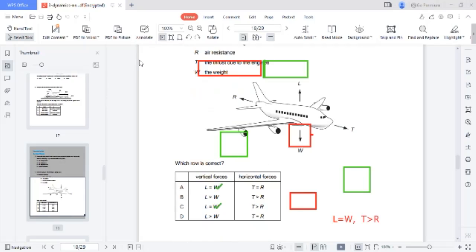These are vertical forces. And what about the horizontal forces? Thrust is greater than resistance, so thrust is greater. So these are two possible options. So the conclusion is the correct option is this one.